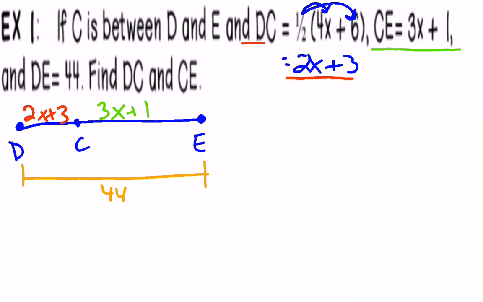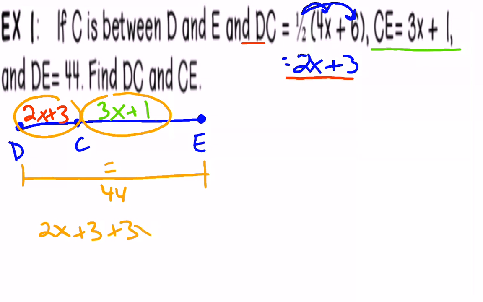So from there, I know that DC plus CE must equal 44. So we're going to write that as an equation and solve: 2x plus 3 plus 3x plus 1 equals 44.